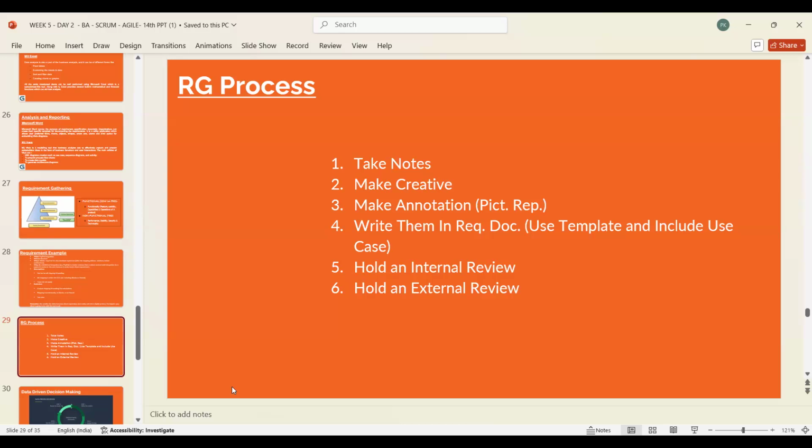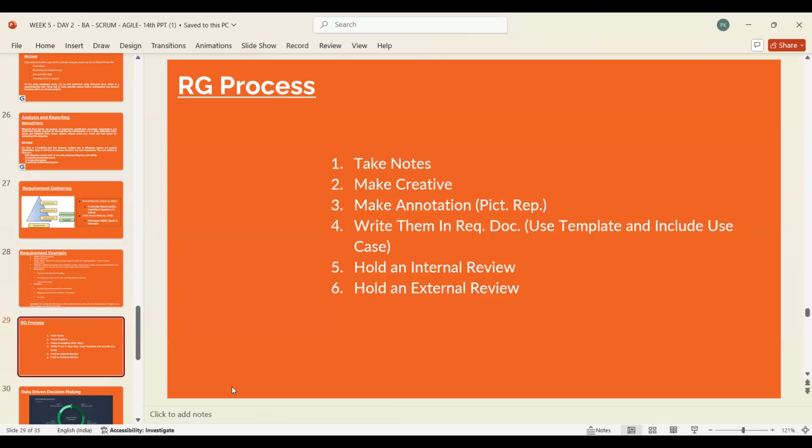Use a template and include use cases. The last two are similar: hold an internal review, and hold an external review.